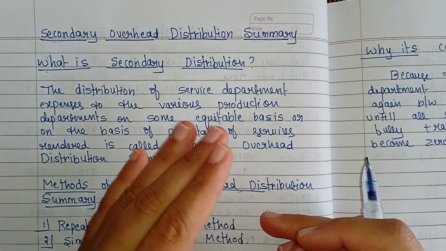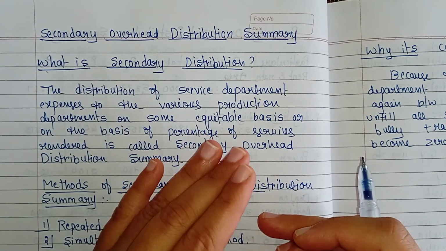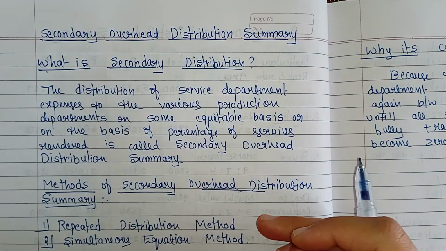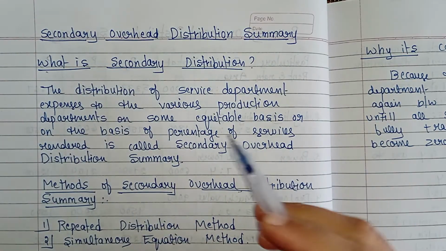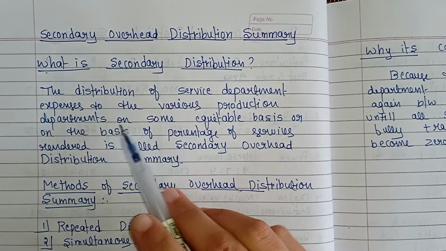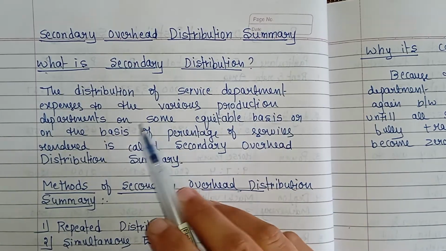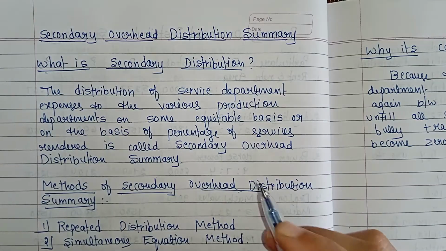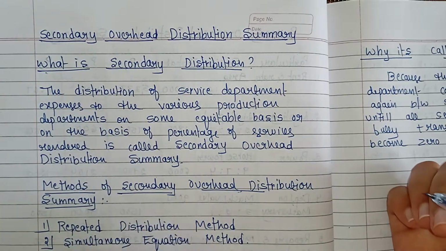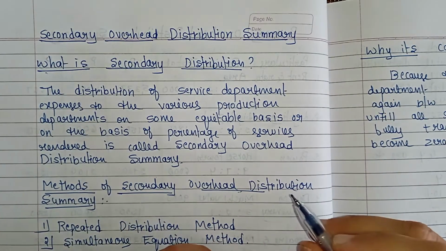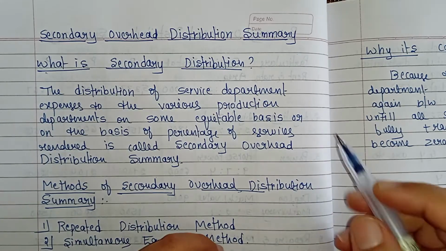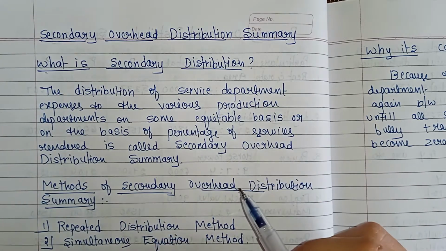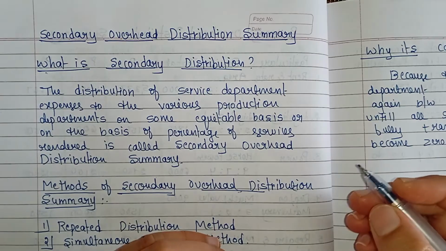So what exactly is secondary distribution? It is the distribution of service department expenses to various production departments. In primary distribution, overhead cost is allocated to both production and service departments, but in secondary distribution we distribute service department expenses to the various production departments.